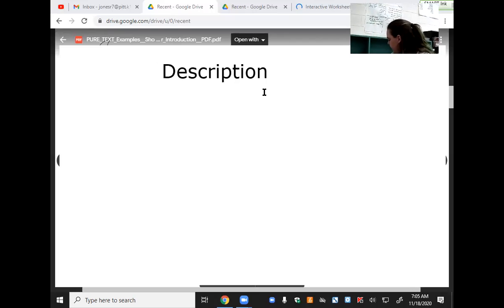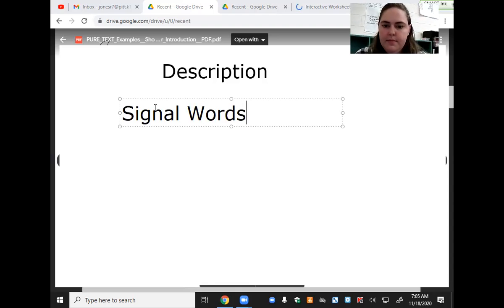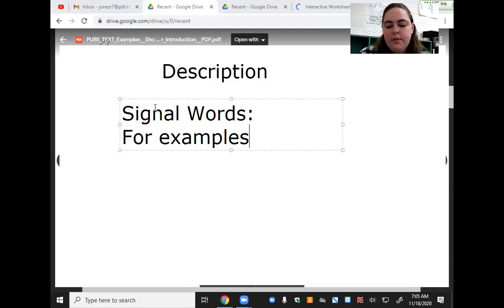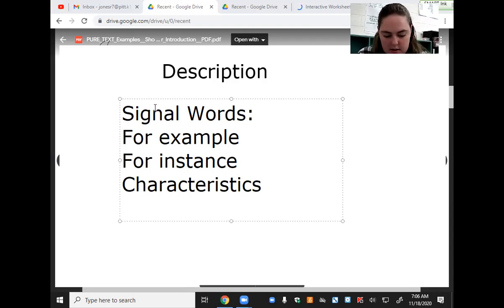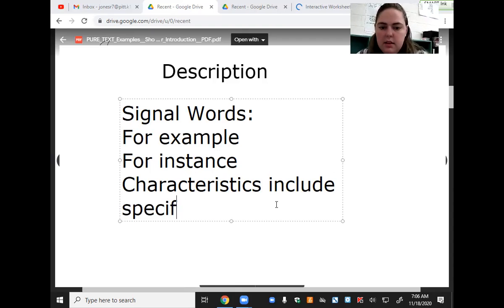We think about it for a few minutes. Let's see. Signal words. Our signal words are, for example, for instance, characteristics, characteristics include, specifically, and in addition.